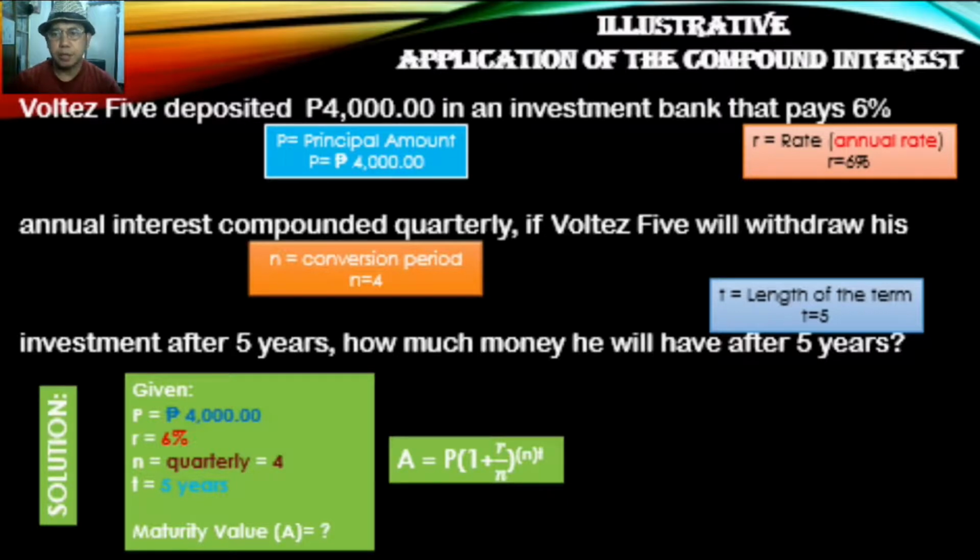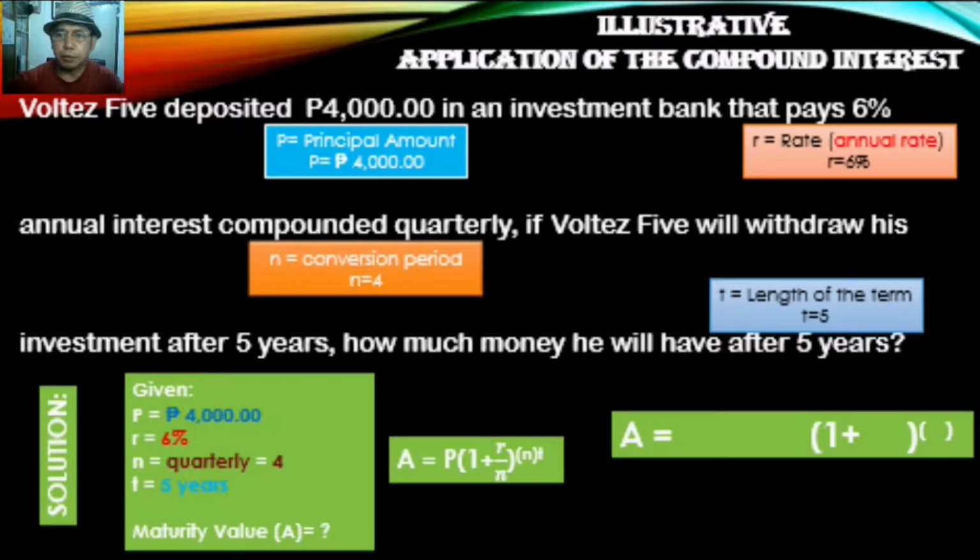So plug in now your given. What is the principal? We have here 4,000 pesos. What is the rate? The rate is 6%. What is the conversion period? We have here 4, raised to the quantity 4 multiplied by time. So that is how to use the formula.